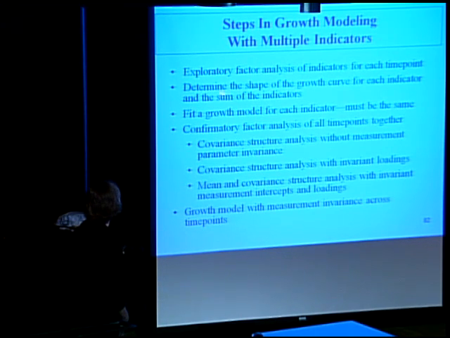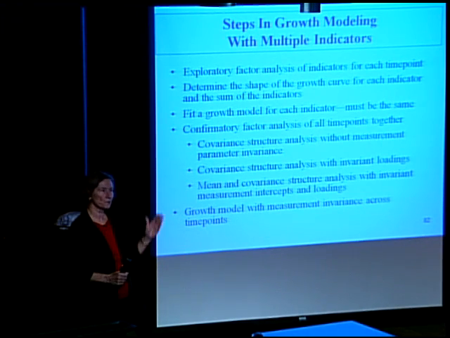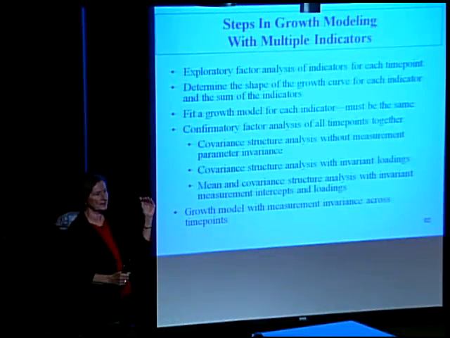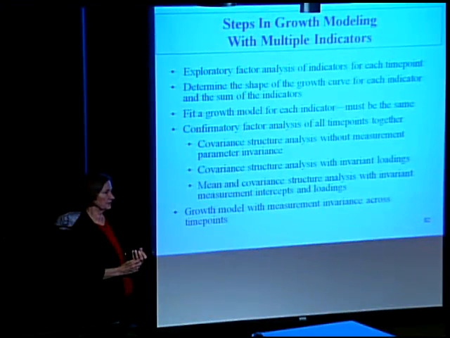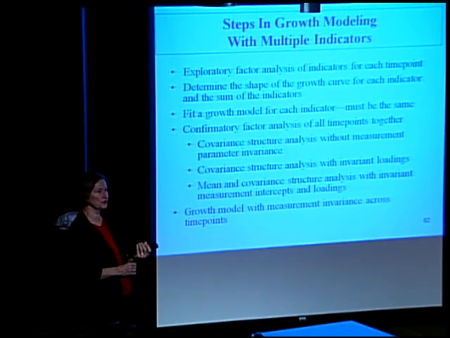And you also want to determine the shape of the growth curve for each indicator and for the sum of the indicators. I think this was alluded to a little bit yesterday, but it doesn't really make sense to put indicators together in the same factor if the growth curves are not similar. So at each time point, for each indicator, find out what kind of growth curve shape they have.